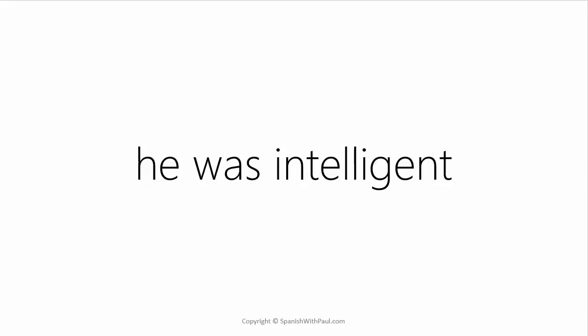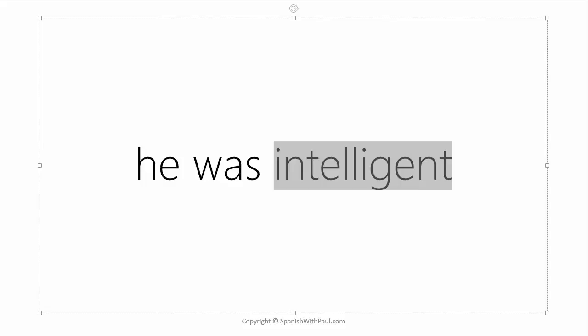Here we have he was intelligent. So the first thing I need to decide is this ser or estar? For me, it's going to be ser because his intelligence relates to his identity, how he's perceived. So I know that I'm falling into ser. Now I need to decide, is this the line past or is it a dot past? Well, I think it's a line past because I'm not giving anything that I can measure here.